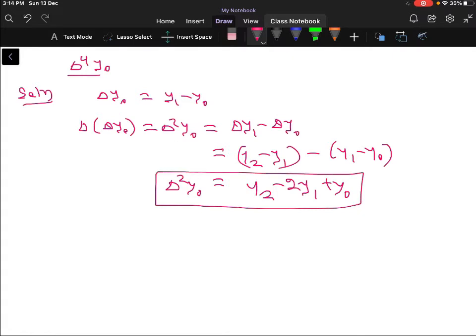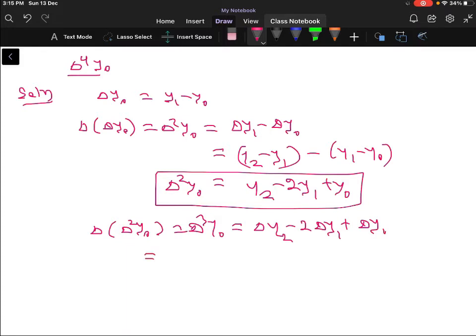Now let us move to delta cube y naught. Delta of delta square y naught is equal to delta cube y naught. So that can be written as, operating delta on the RHS also, delta y2 minus 2 times delta y1 plus delta y naught.